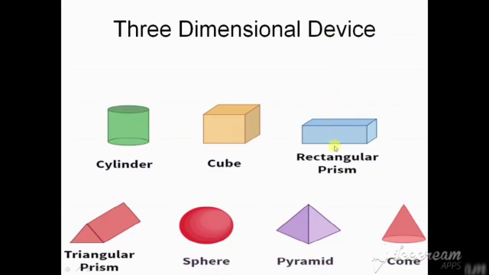Example, duster, the shape of the duster is somewhat rectangular, then box we can say cube, then glass like cylinder shape, hill, prism we can say like hill or pyramid, the moon, sphere like the circle, then cone. So all these objects which have three measurements are known as three-dimensional devices. So have you understood the difference between two-dimensional and three-dimensional devices? Very easy.